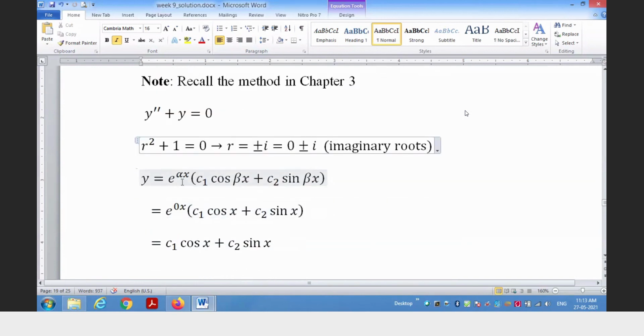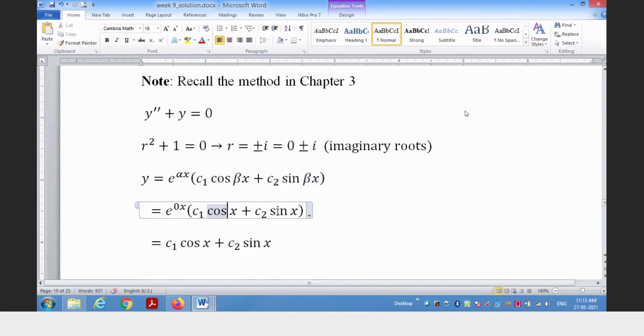We have e to the alpha x, so alpha is equal to 0, and that's why we have e to the 0 there. So we have 1 there. And then c1 cos beta x plus c2 sin beta x, but beta is equal to 1.